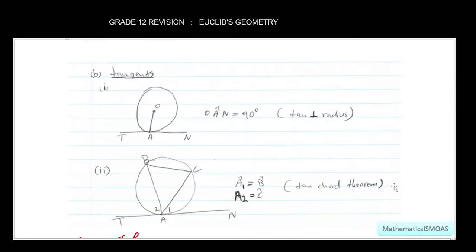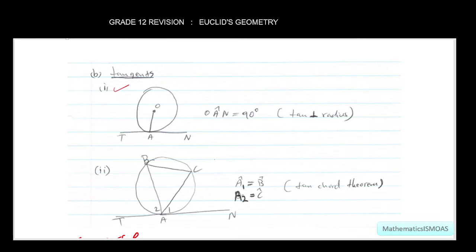Right. And then now in B, we are going to have a look at the rules that have to do with what? With tangents. Number 1, we are saying what? A radius is perpendicular to a tangent at the point of contact. Meaning we know that TAN is a tangent and OA is a radius.